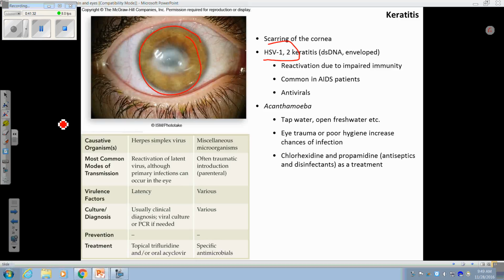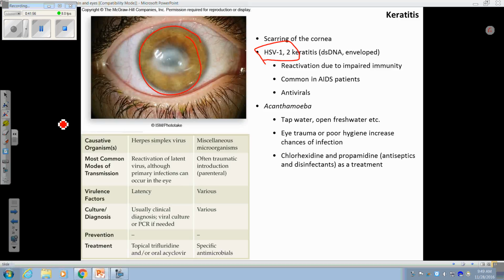So keratitis is fairly frequently caused by herpes simplex infection, which is not common among the immunocompetent, but pretty usual in AIDS patients. Herpes simplex virus is usually latent and it resides in the neurons.